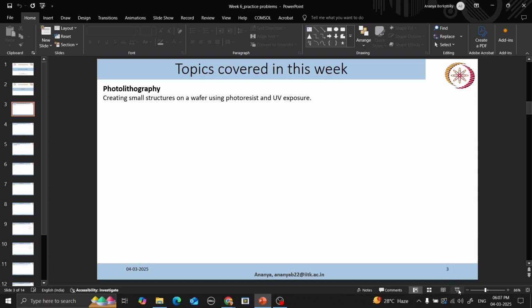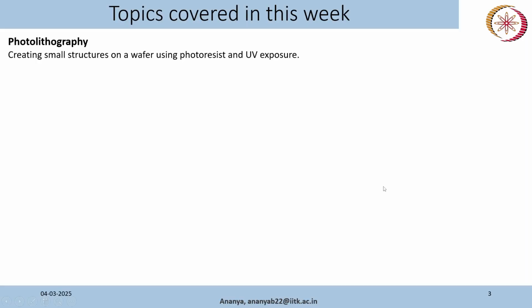So the first topic that was discussed: we have already discussed photolithography in earlier weeks as well. But since it was discussed again this week, and specifically this time with a silicon wafer in mind, and the designs that we were discussing, like how to make interdigitated electrodes, the process of fabricating a microheater will also be similar.